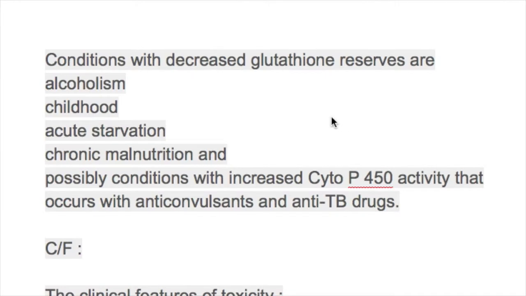Conditions with decreased glutathione reserves are alcoholism, childhood, acute starvation, chronic malnutrition, and possibly conditions with increased cytochrome P450 activity that occurs with anticonvulsants and with anti-tubercular drugs.